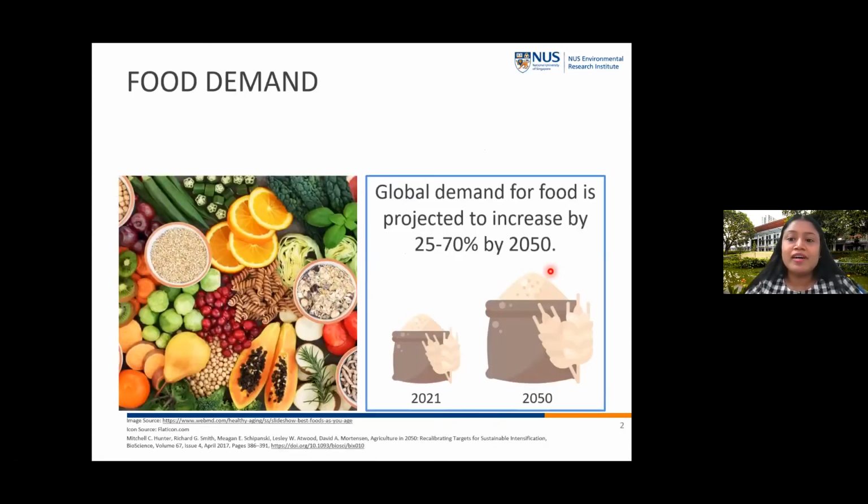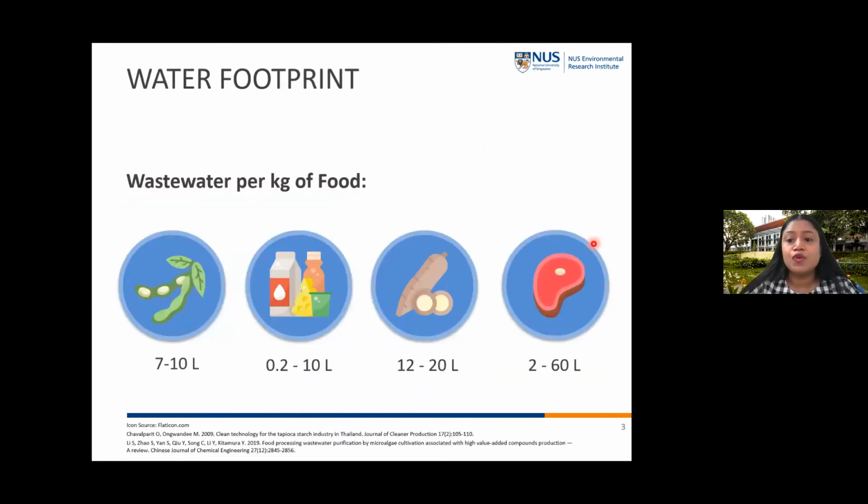The global demand for food is projected to increase by 25 to 70% by 2050, because of population growth, economic growth, and also rising calorie consumption. To keep up with this rising food demand, our food production and food processing industries will also have to step up their output. And while doing this, they might also increase the water consumption.